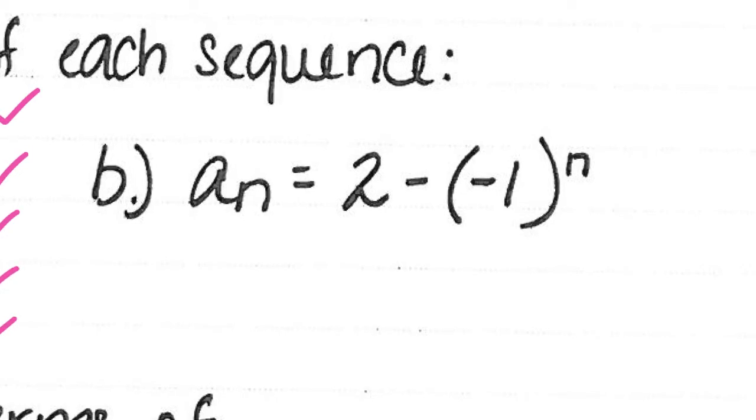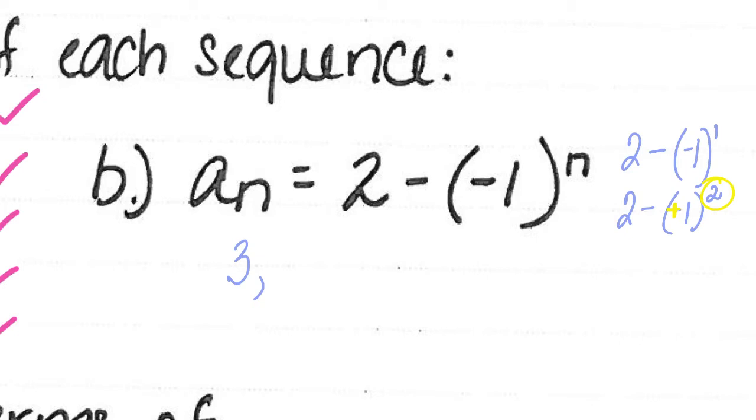We want to take note of what's happening when I take 2 minus negative 1 to the first power. Negative 1 to the first power is negative 1. So 2 minus a negative 1 is just plus 1, which is 3. Notice the next one, we have it to an even power. Remember, an even power means this is going to be a positive 1.